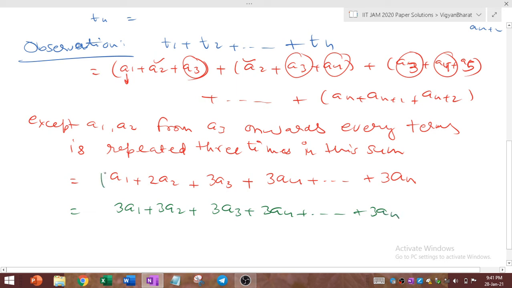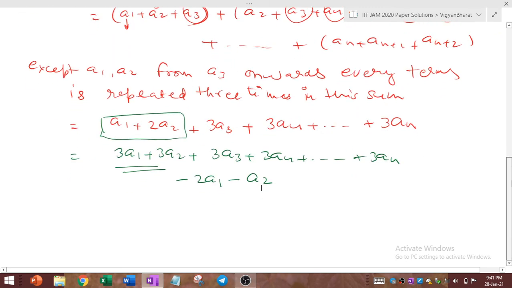So for the first two terms, I have replaced them by these two. Why, I'm going to tell you in a minute. In place of A1, here is 3A1, so I have to subtract twice A1, and in place of 2A2 there is 3A2, so 1A2 is extra, so that again I can make this calculation easily.